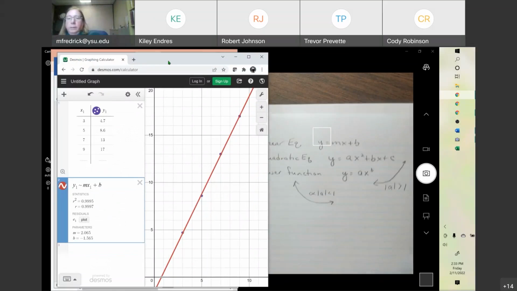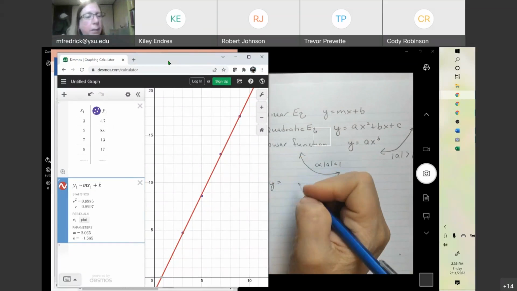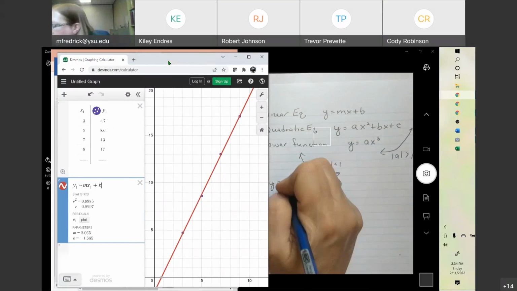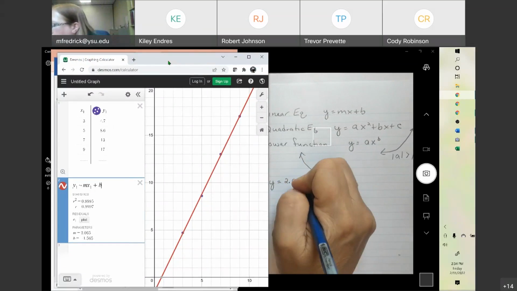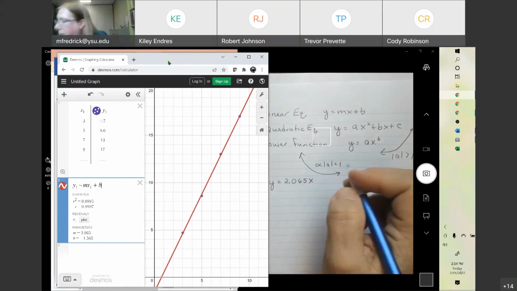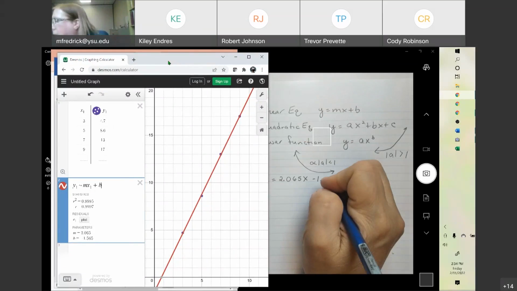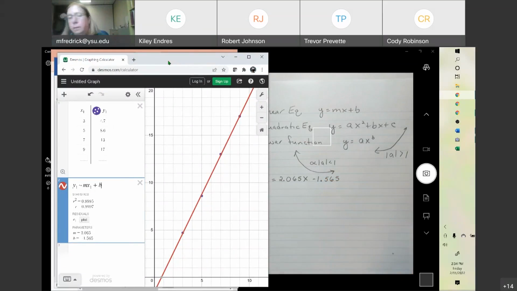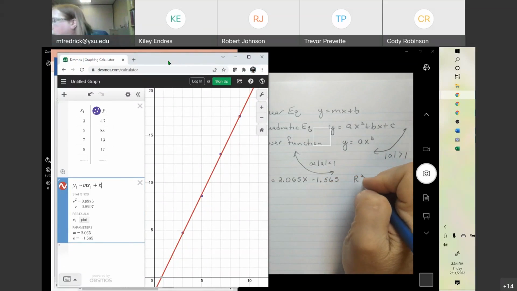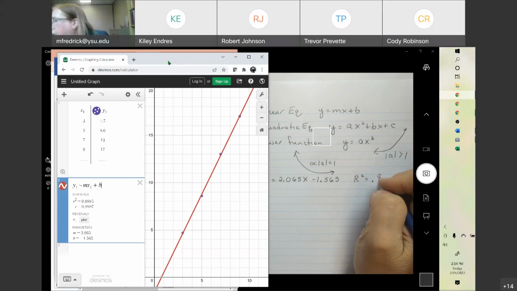So if we wrote the linear equation, y equals m is 2.065 x, and b is a negative 1.565. And the r squared, 0.9995.